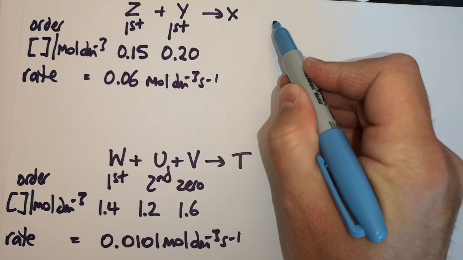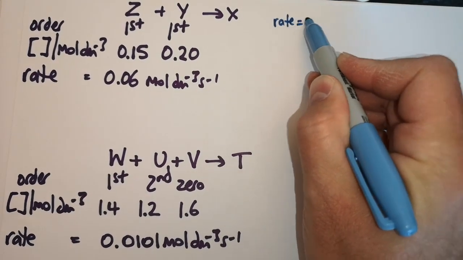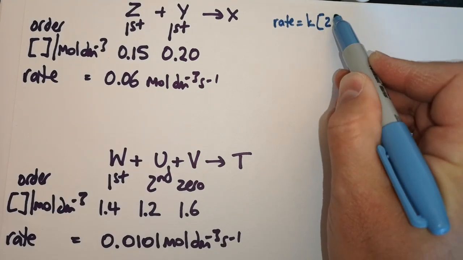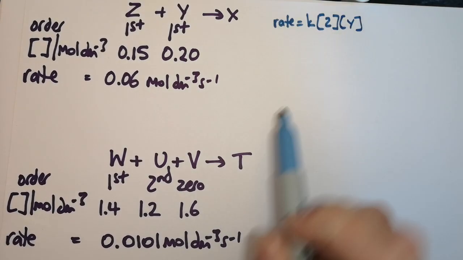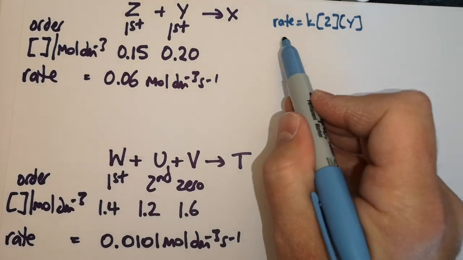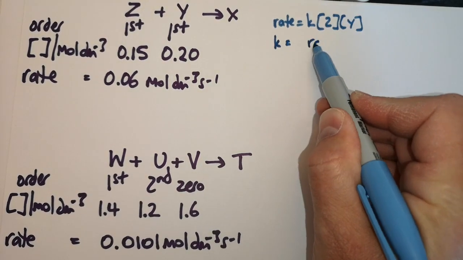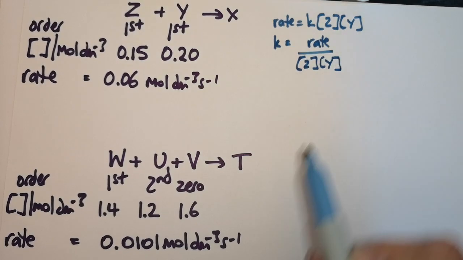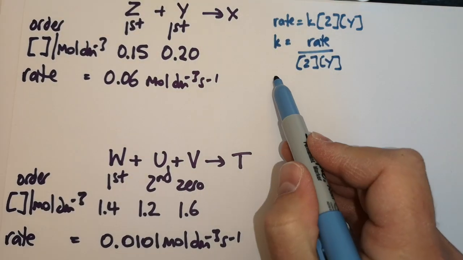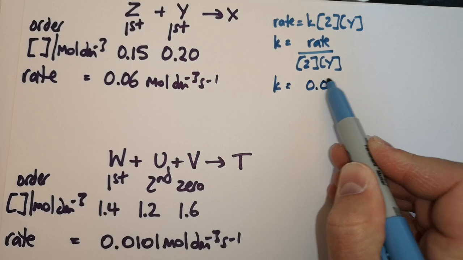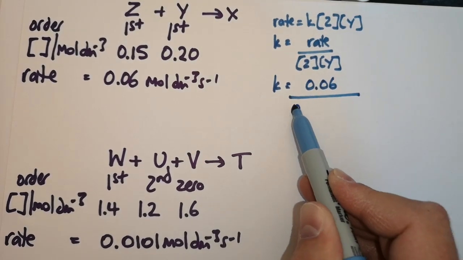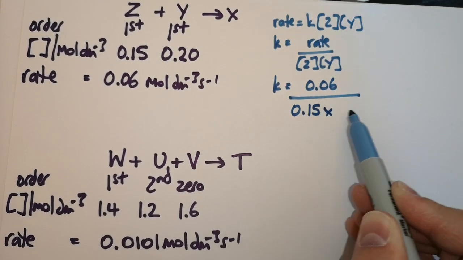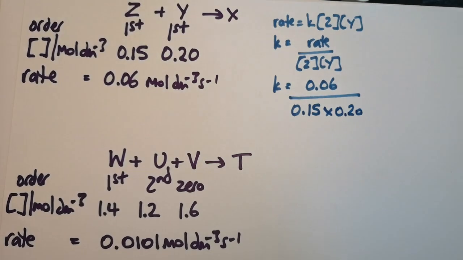Firstly, rate equation. Rate equals K, concentration of Z, concentration of Y, both first order. Rearrange for K. K equals rate over concentration of Z, concentration of Y. Substitute numbers. K equals 0.06 over 0.15 times by 0.20.